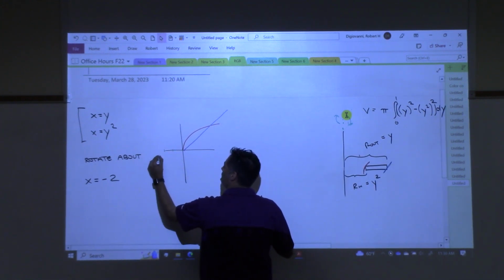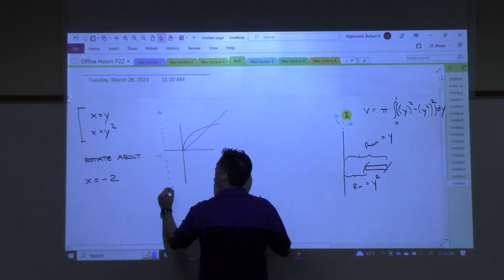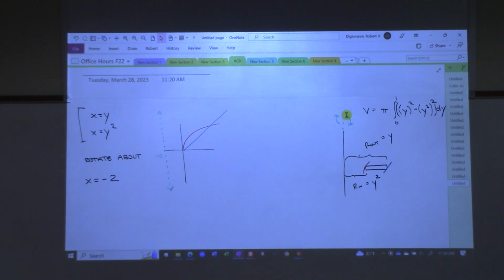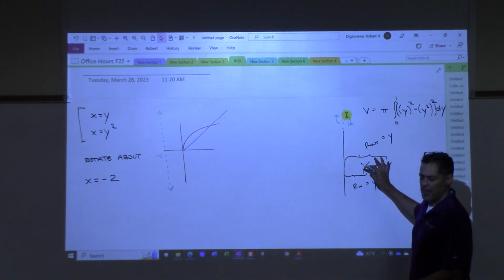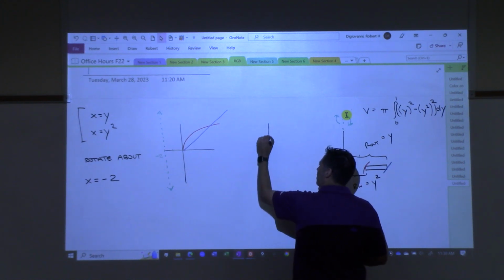Our axis of rotation is now there, right? Good?